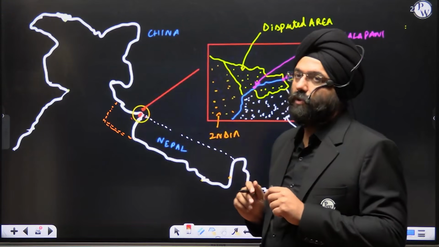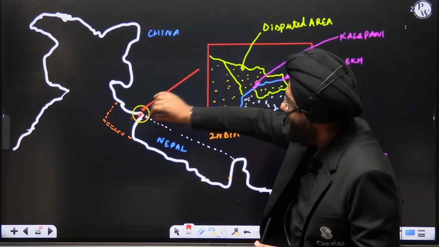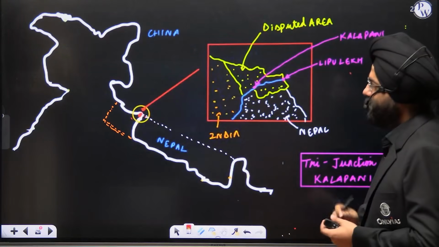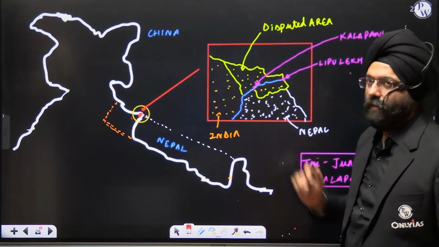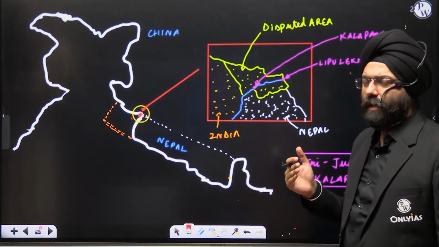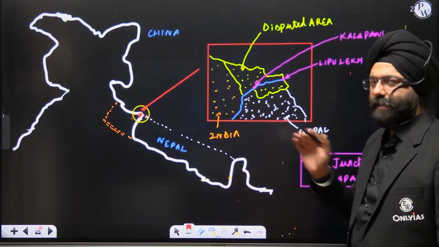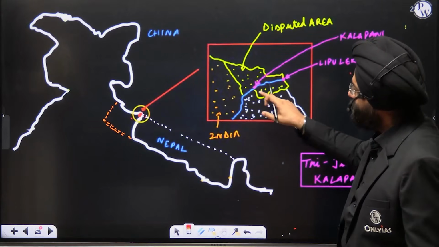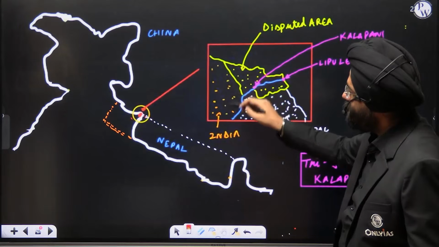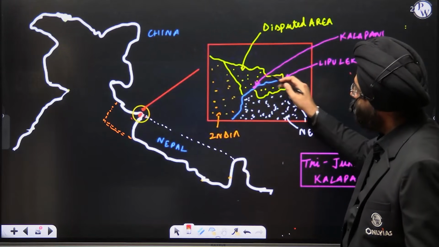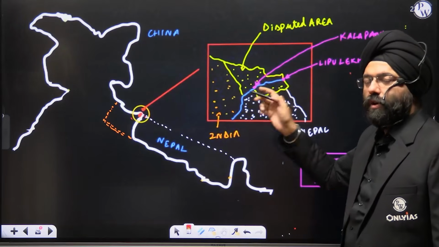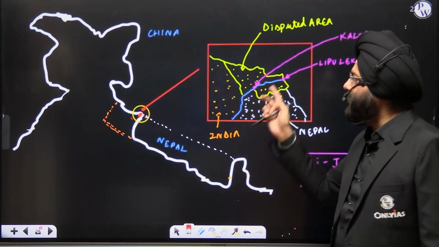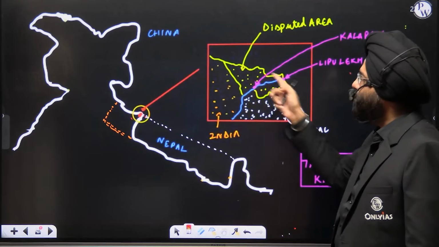Now please understand what the problem is. If I magnify this, you will realize this particular river that is coming is the Kali River. We need to go a little bit back also, we'll explain that. This particular region is India, and this is also part of Uttarakhand. What happened recently is Nepal claimed this territory to be theirs.